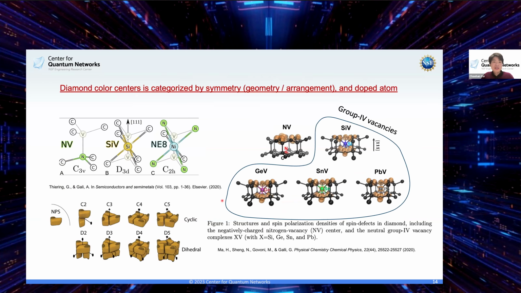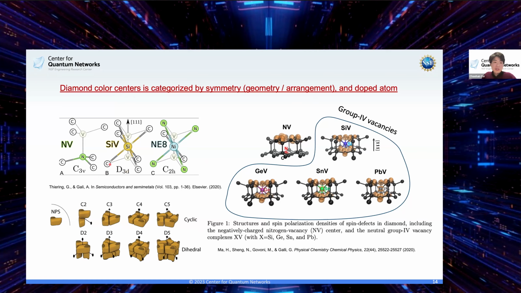To characterize those different color centers, including the nitrogen vacancy center I mentioned and silicon vacancy centers, the better way is to use the symmetry and what atom is doped inside. If you dope a different atom, it's definitely different because the chemical identity is different, right? The electron orbit around that doped atom will be different.